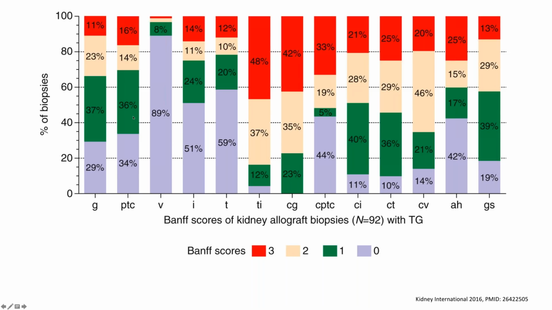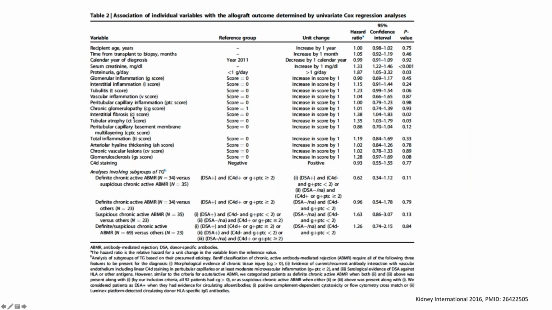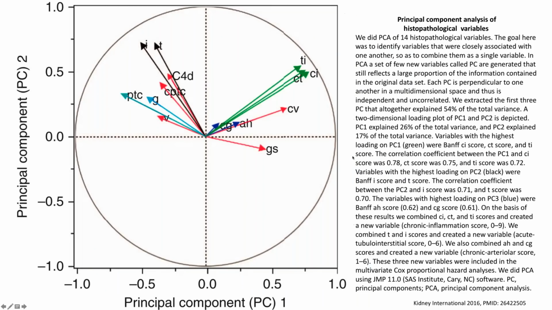Again, these are all univariate analyses where we looked at several risk factors and the hazard ratios. And what we did was a principal component analysis, where we tried to reduce all the pathological variables into a smaller number of variables. So we took 14 histopathological variables.